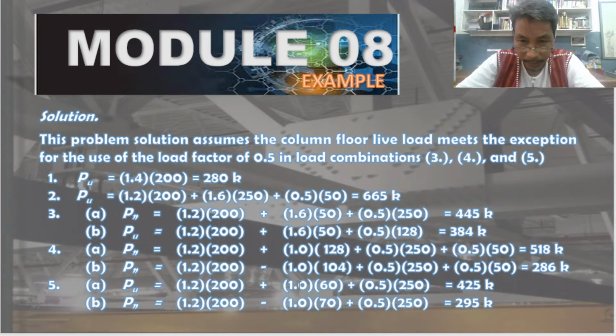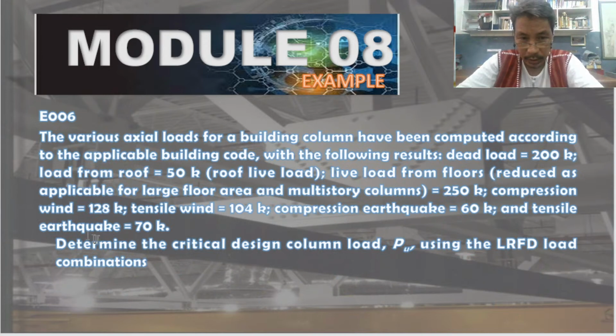So equation number 5. Again, we have positive and negative. So 60 compressive earthquake, 70 tensile. As you can see, 70 is tensile earthquake.